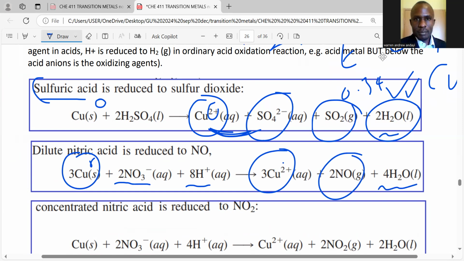You get a more oxidized product, which is nitrogen dioxide. So compare the two. This is more oxidized, okay? Same anions, but the products differ by the oxidation state of nitrogen. Here, nitrogen is oxidation state 2. Here, nitrogen is oxidation state 4. So here it's more oxidized.